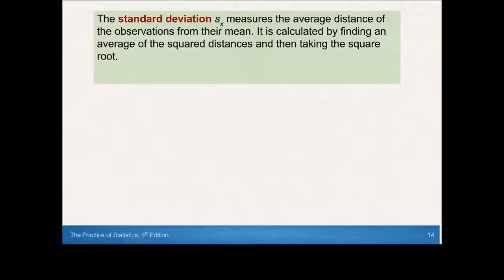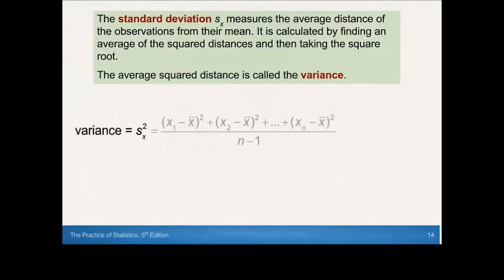It is calculated by finding the average of the squares, as we just did. The average squared distance is called the variance. So the variance formula looks like this. Remember x bar is the average, so we take x1, each data point, subtract the mean, square it, add them all up, and divide by n minus 1.